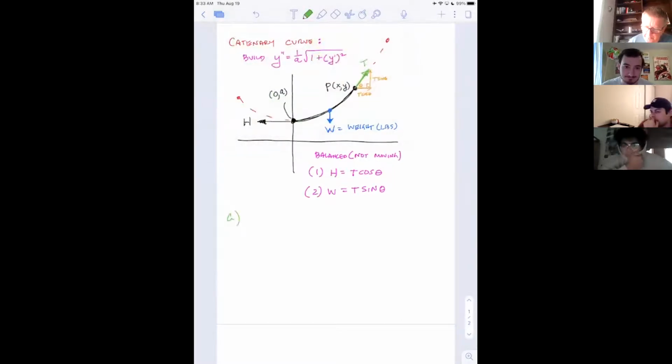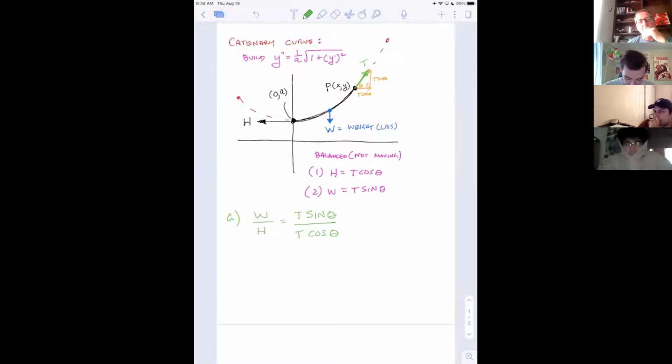So let's do something weird. Let's take W and divide it by H. Well, that would be T sine of theta divided by T cosine of theta. But what do you notice about that right-hand side?